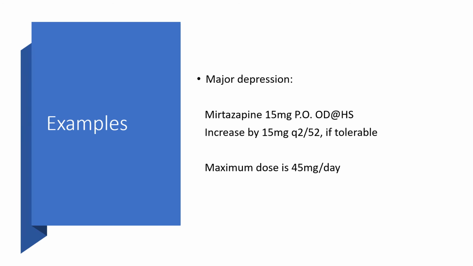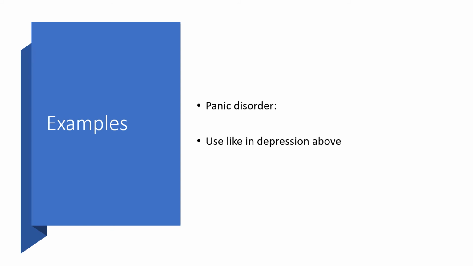In major depression, we can give mirtazapine at 15 mg once daily at hour of sleep and increase by 15 mg every 2 weeks if the patient could tolerate it. The maximum dose here is 45 mg per day. In panic disorder, we can use mirtazapine just like the way I have stated under major depression.